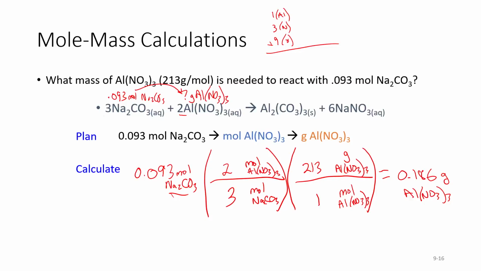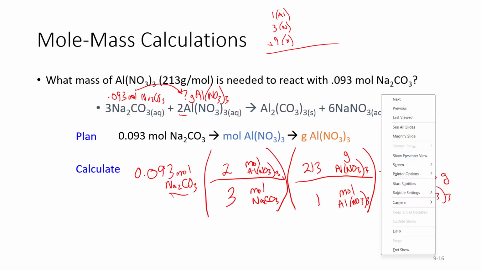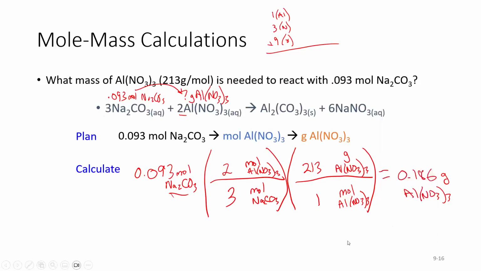Hang on. 0.093 times 2 times 213. Sorry about that. Divided by 3. Okay. Sorry. So it's 213, not 3, like I just mentioned. The correct answer here is 13.2 grams of aluminum nitrate.